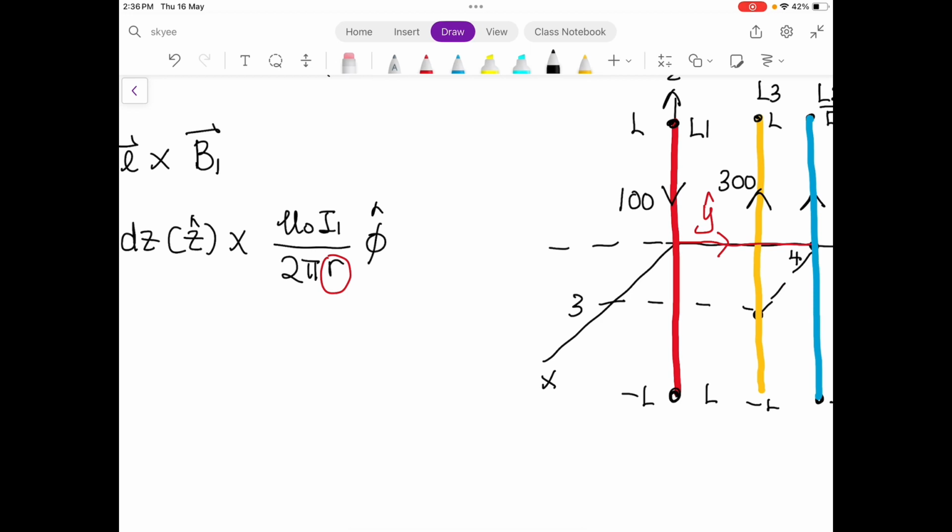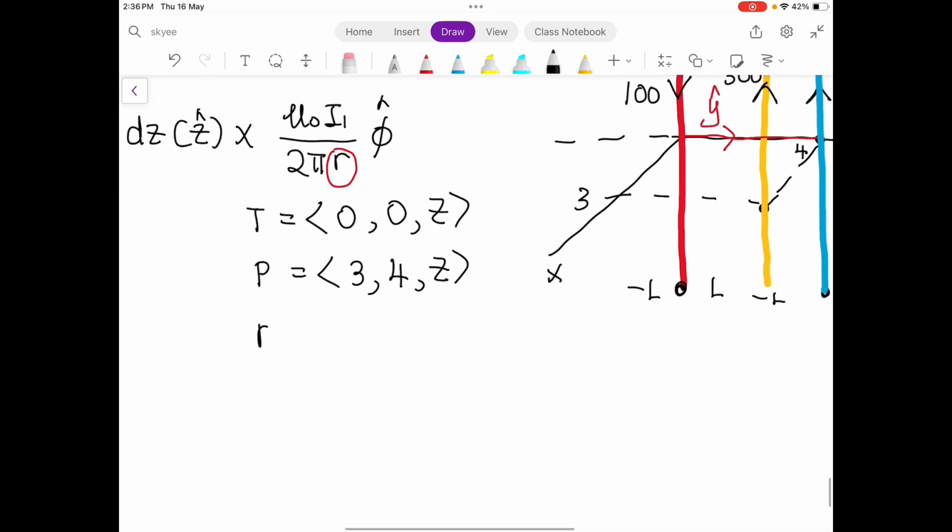So your T will be along the L1, the I1, so it is 0, 0, Z. And your observation point is the L3, which is 3, 4, and Z. So your R, P minus T, will be 3, 4, 0.